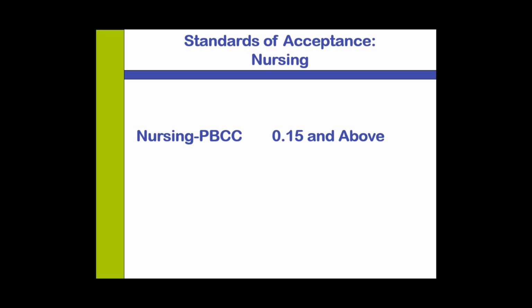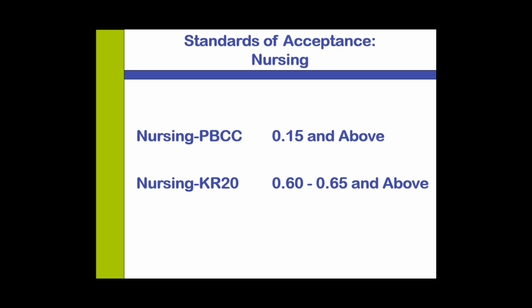So we can relax a little bit on the standards of acceptance so that when you're getting a test together, you don't feel like you're under so much pressure to adhere to those general guidelines. But still, I think the KR20 should be at least 0.60. You really try to achieve 0.60 to 0.65, or of course above. And the point biserial at least 0.15 rather than 0.20 would still be acceptable.